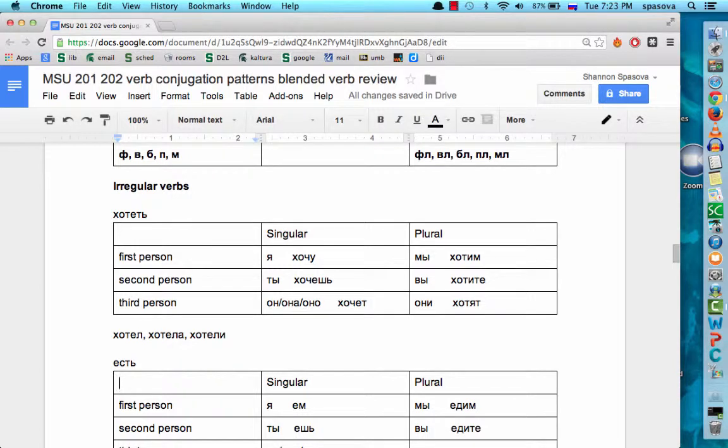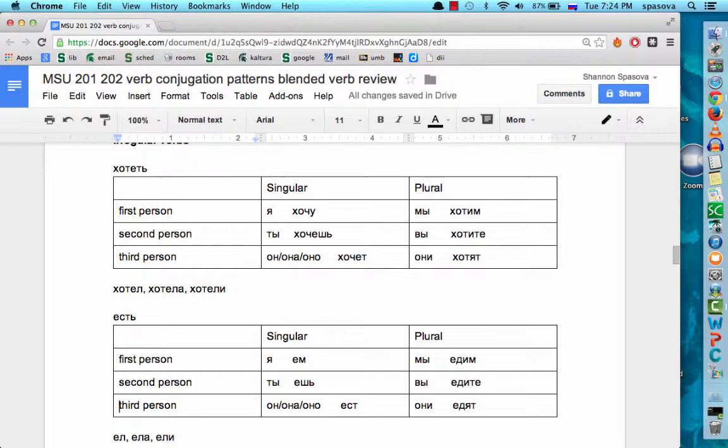Why is this one irregular? If you think about it, it's because here we have what looks like a first conjugation pattern, the е pattern, whereas here we have what looks like a second conjugation pattern, the и pattern. So this is an irregular verb. But the past tense is completely regular, just like any other verb. Just take off the soft sign and add the past tense endings.